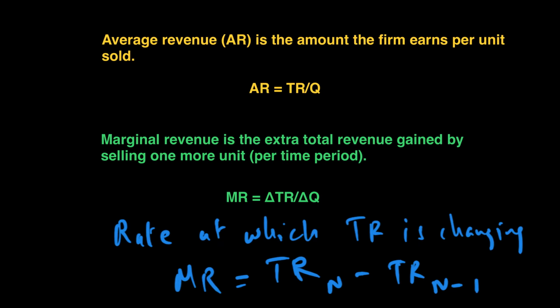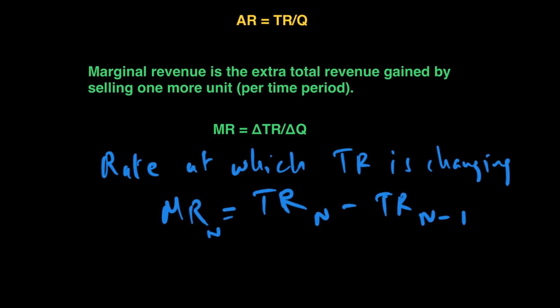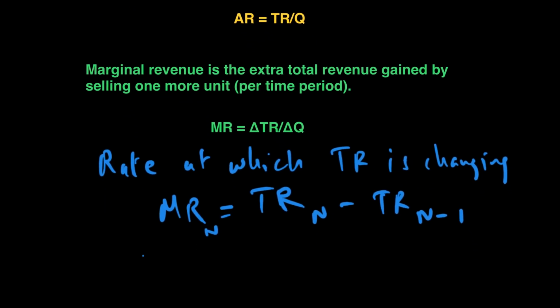For example, if N is 4, the marginal revenue from the fourth unit will be equal to total revenue from the fourth unit minus total revenue from the third unit. So it's the extra revenue that I get from selling one extra unit of the good.